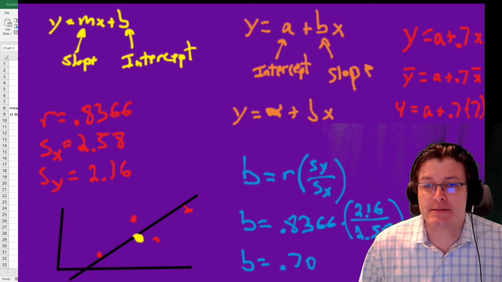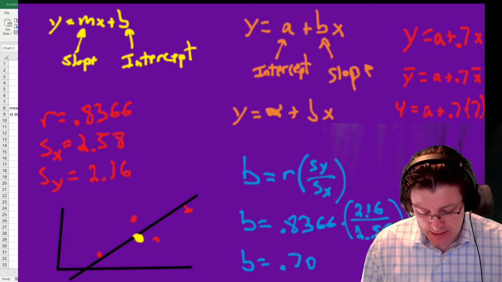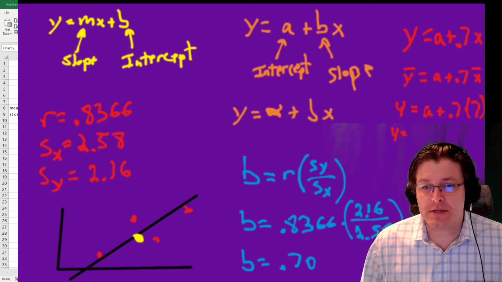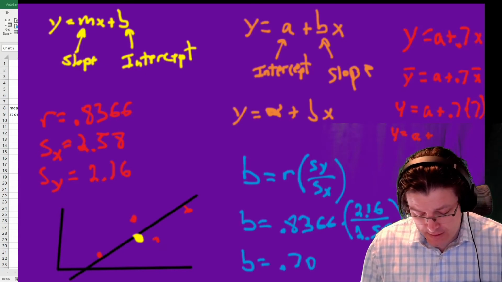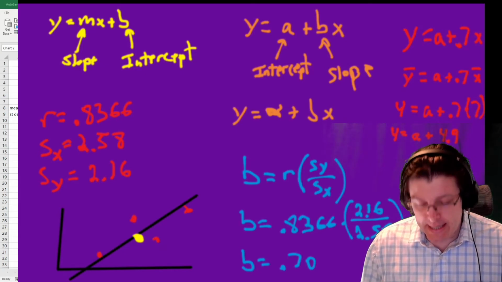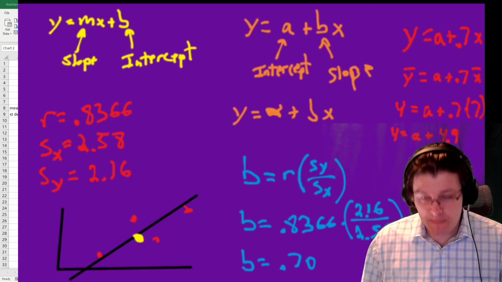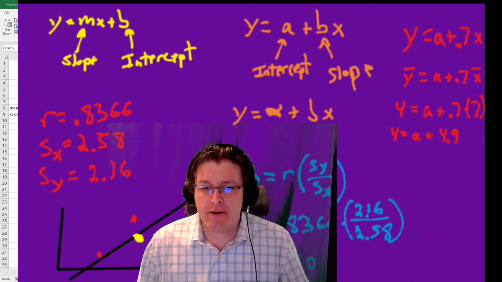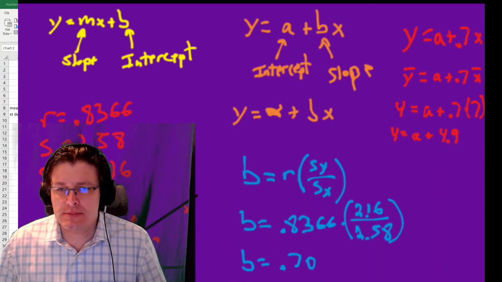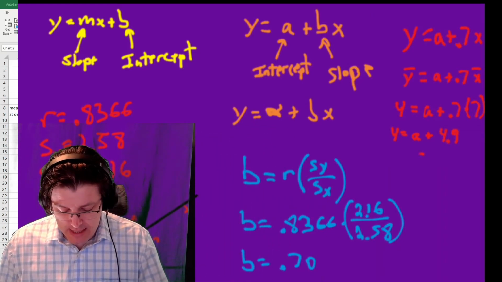Let's put that in brackets. Okay, so let's finish that out. 4 is equal to a plus, I think this should be 4.9, right? And so we now have found that a is equal to negative 0.9.